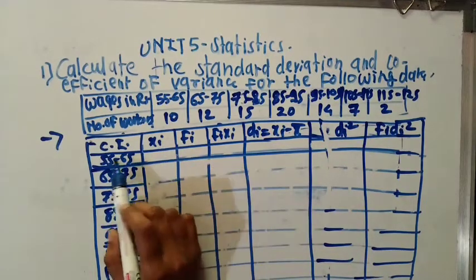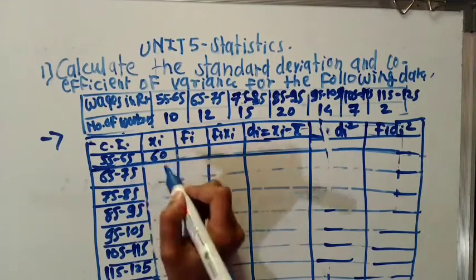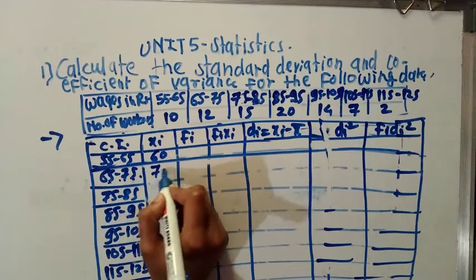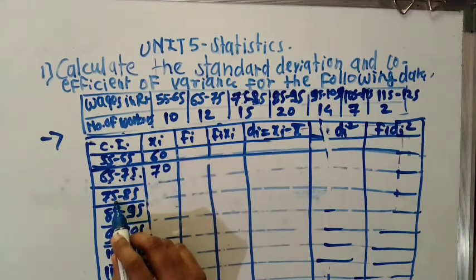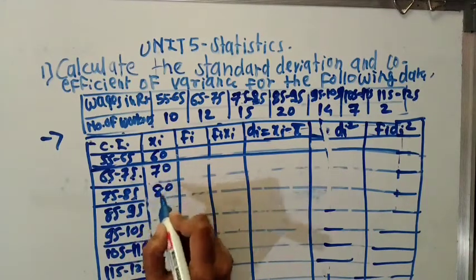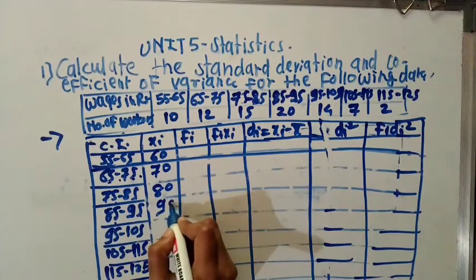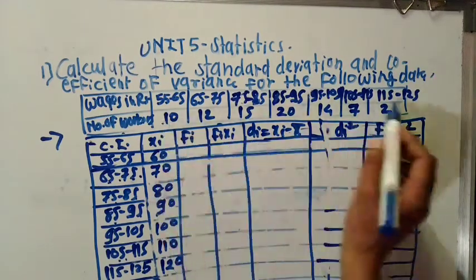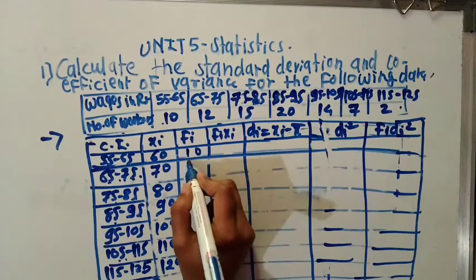Then xi is the mid value. This mid value is 60. 65 to 75, mid value is 70, then 80, 90, then 100, 110. This mid value is 120. Then fi is the number of workers.